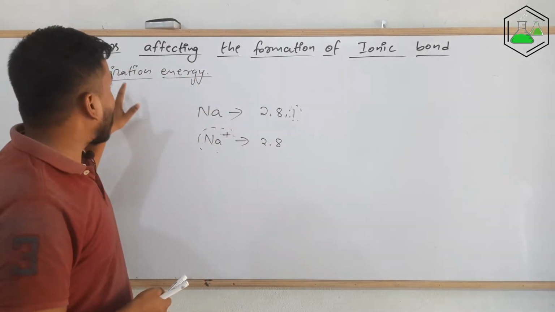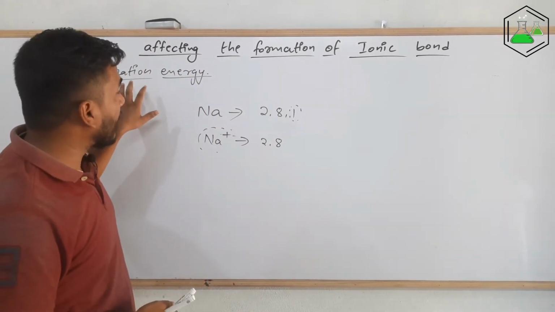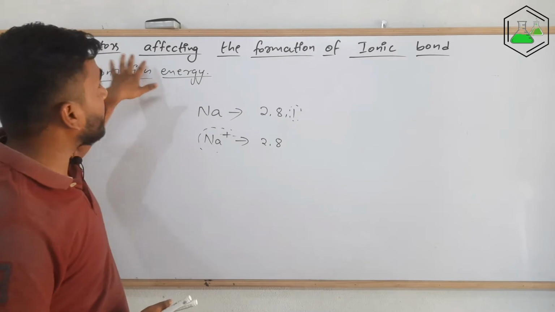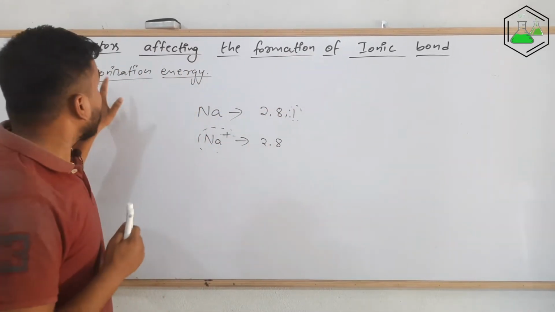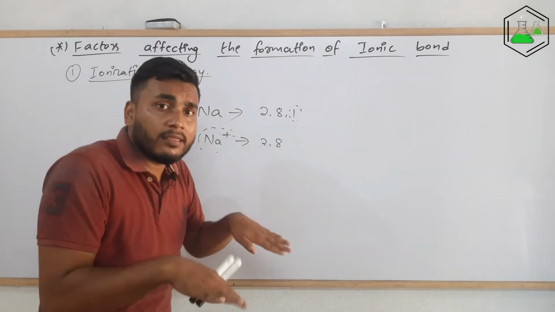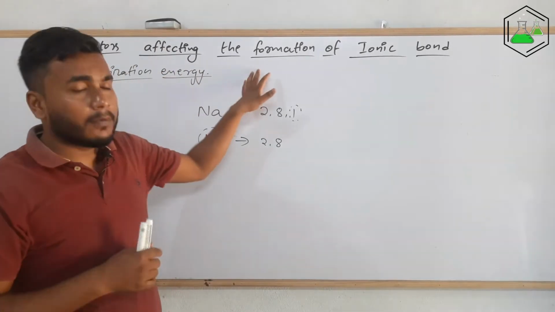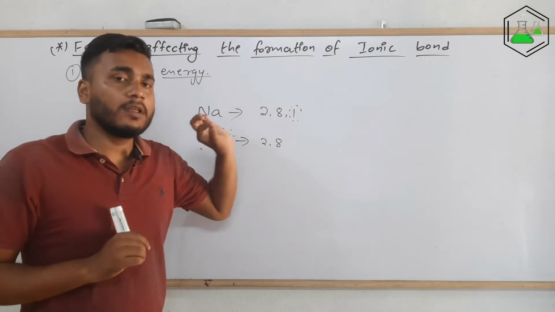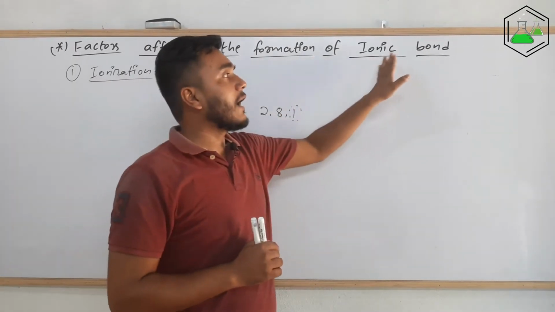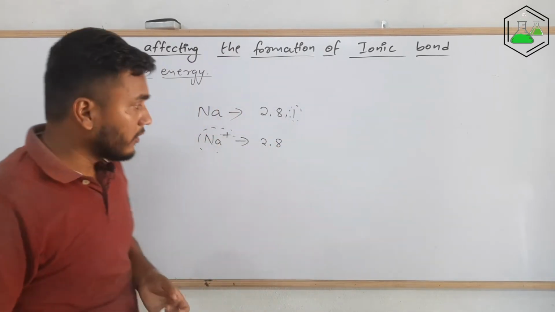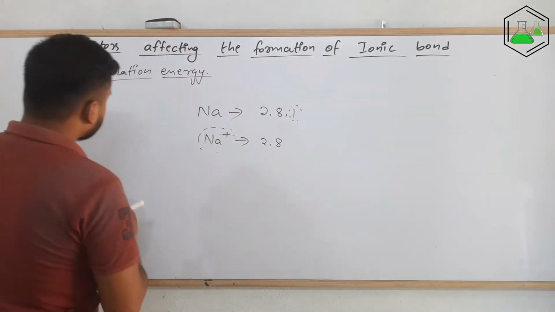So we can say that ionization energy affects the formation of ionic bond. That is true. But if the ionization energy is less, then the bond will form more easily. Can we say that? If the ionization energy is less, then the ionic bond will form faster. So let me write it over here.